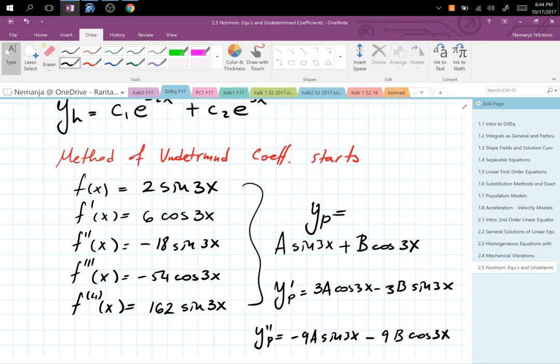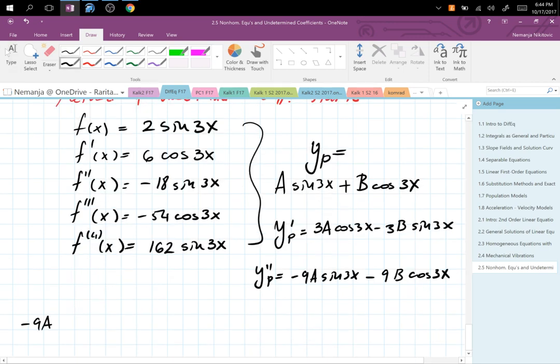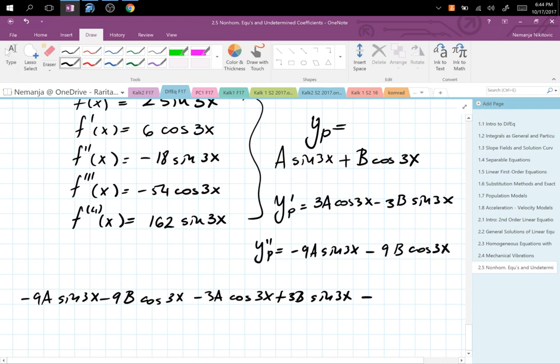So y double prime, which is negative 9a sine 3x minus 9b cosine 3x, minus y prime, so minus 3a cosine 3x plus 3b sine 3x, minus 6 times the first one, so 6a sine 3x minus 6b cosine 3x, equals finally 2 sine 3x. There we go. This is all one equation.